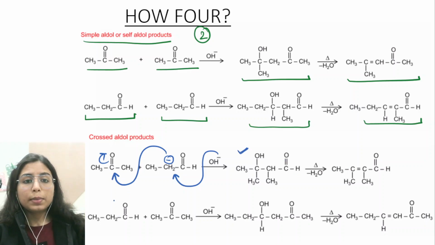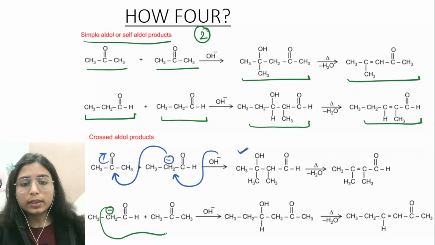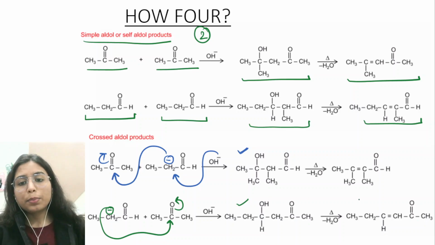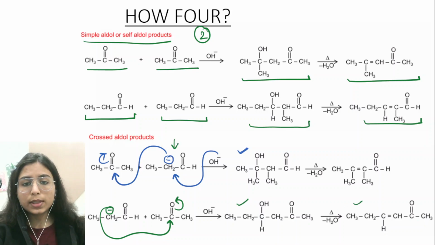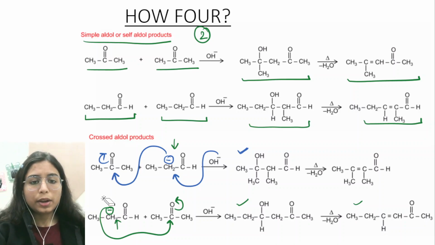So the other possibility, the other way around, is that here the negative charge you are generating out of this carbon ion, and you are taking this as an electrophile, and you will be able to get this as the product in another case. So once the carbon ion is generated from this molecule, and second the carbon ion is generated from this molecule. So let me just correct over here.